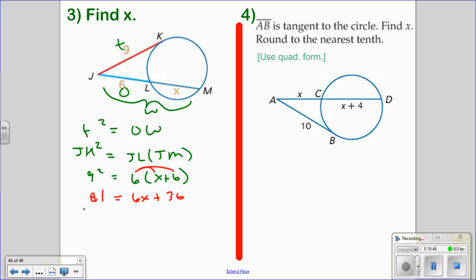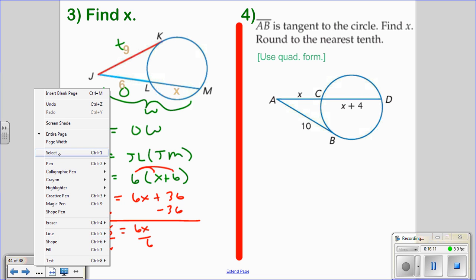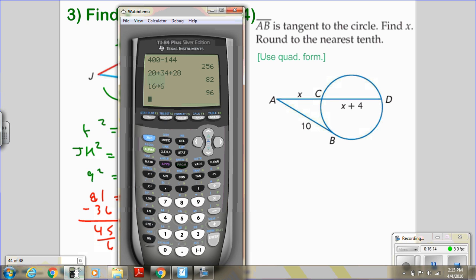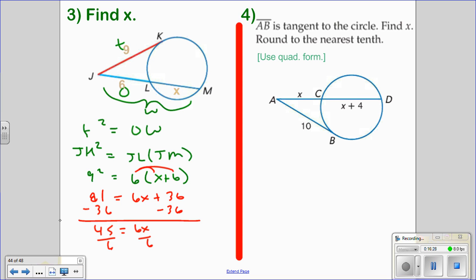Subtract 36 from both sides, and you would have 45 is equal to 6x. And divide by 6. X is equal to 7.5.